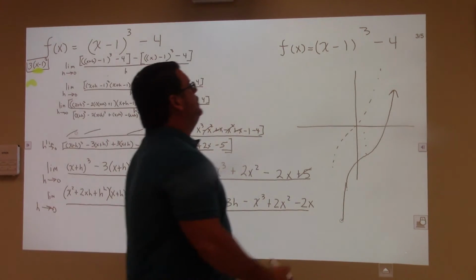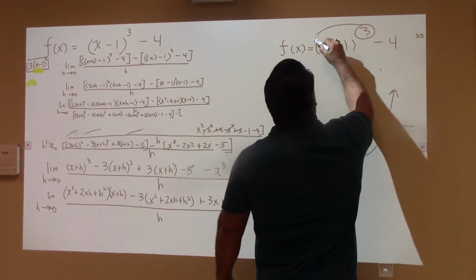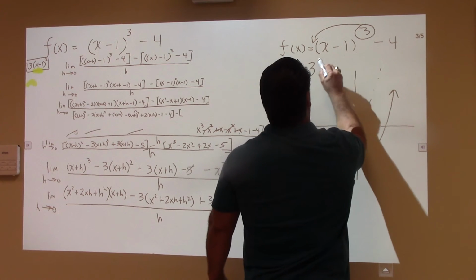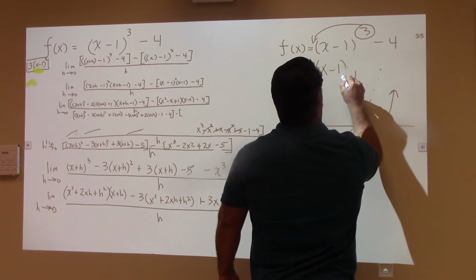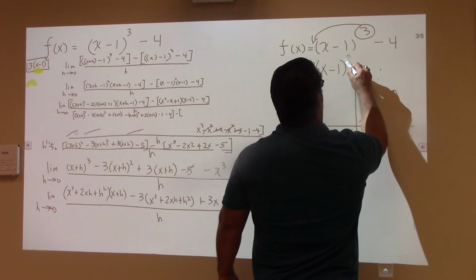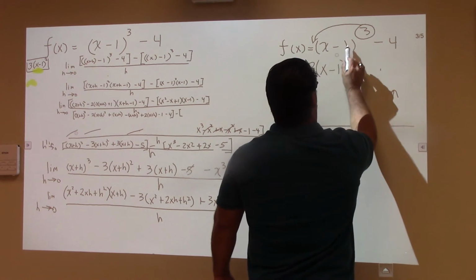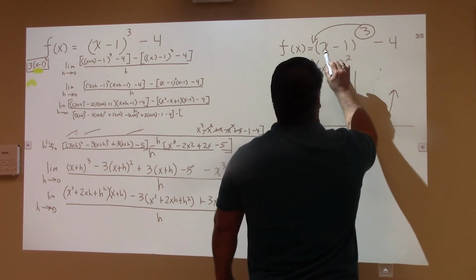And you know, take this, pull it out, that'll be 3 times x minus 1, 3 minus 1 is 2. And then this is the chain rule, which some of y'all don't even know.